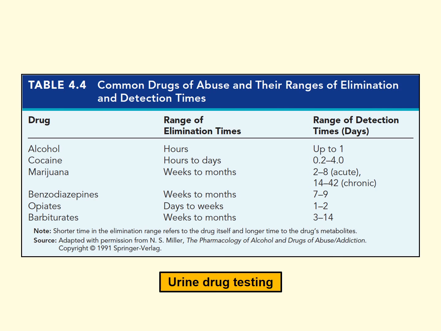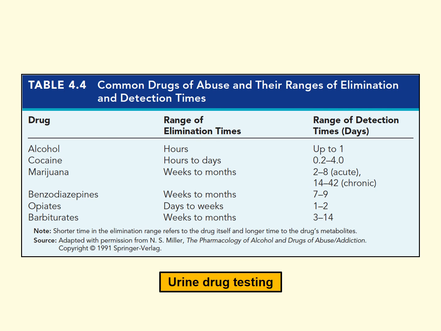We can detect the presence of cocaine in your body for hours or days, and we can detect metabolites of that drug, depending on the amount of cocaine you've used, for either a fraction of a day or for up to a few days afterwards.